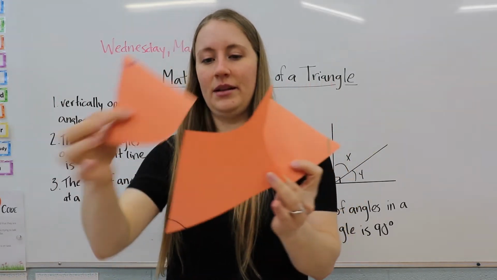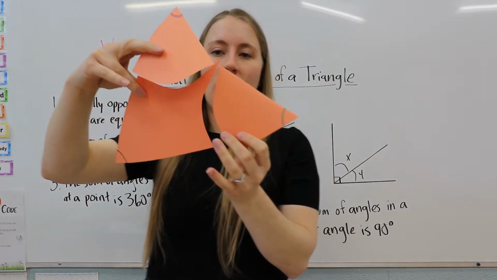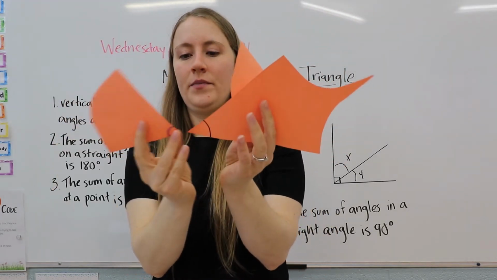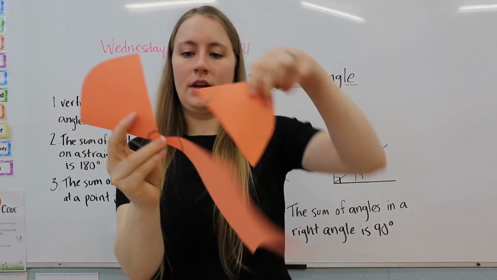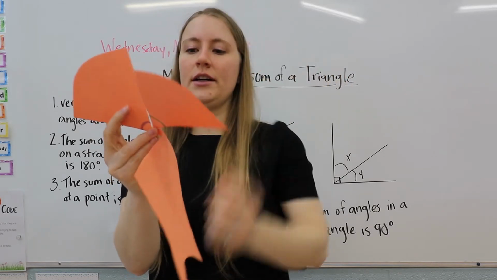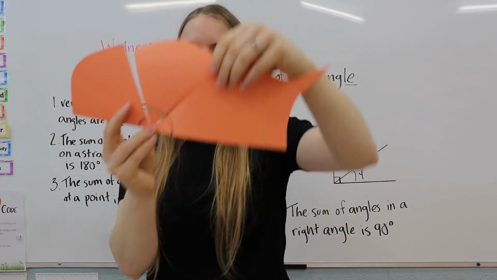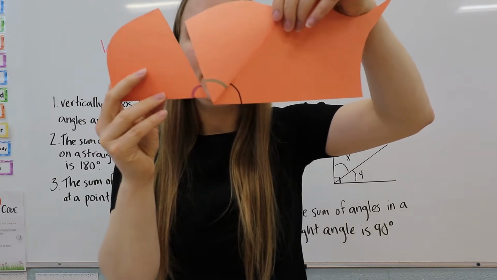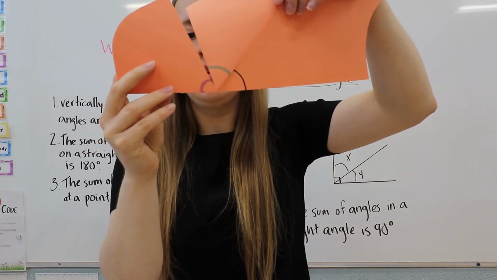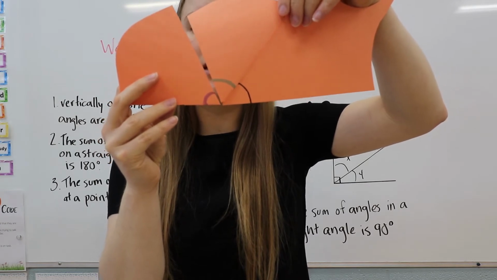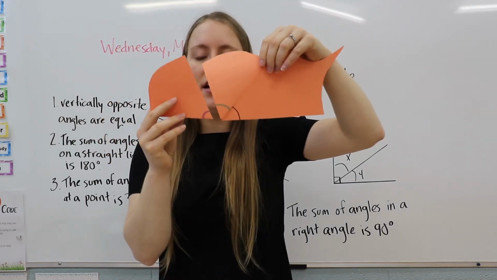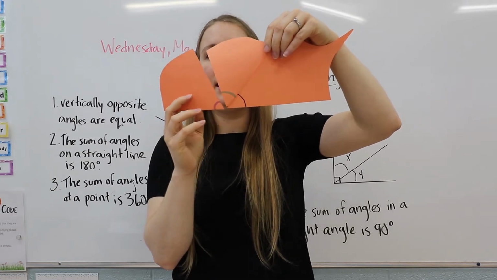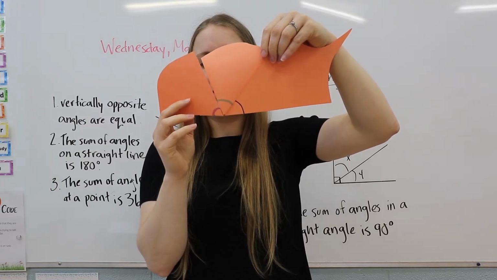So now I have my little broken triangle. And what we can do is rearrange it so all the angles are together. Okay, I'm putting all of my angle markers here. Okay, and what do you see? I'm sorry, I'm not holding them perfectly. But our angles all together come on a straight line, and they fill that straight line.